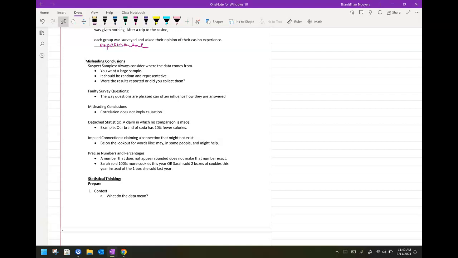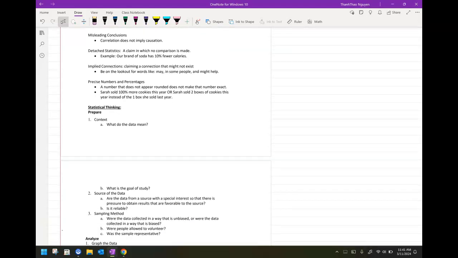Say, for example, Sarah sold 100% more cookies this year. Well, let's say last year Sarah sold 1 box of cookies. This year Sarah sold 2 boxes. So she made 100% more. But the number looks like a lot more than this actually is. She sold 2 boxes of cookies this year compared to 1 box last year, right?